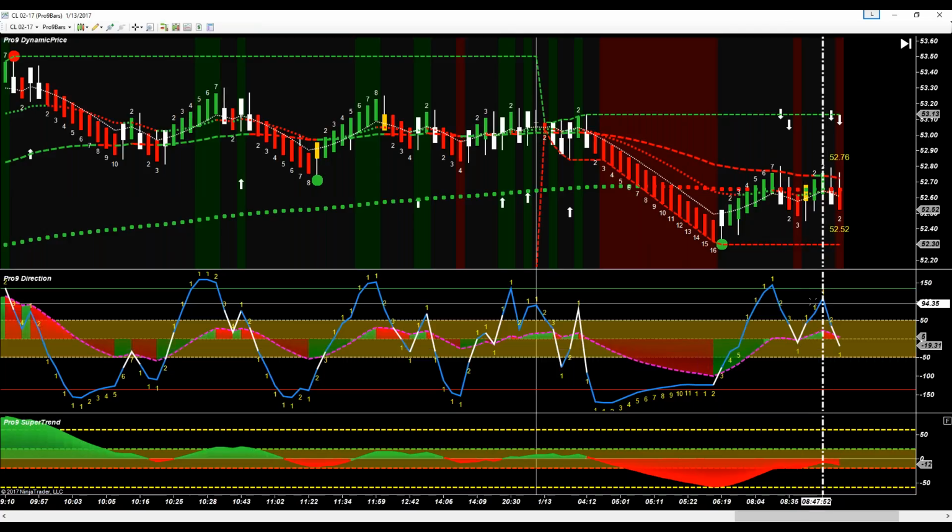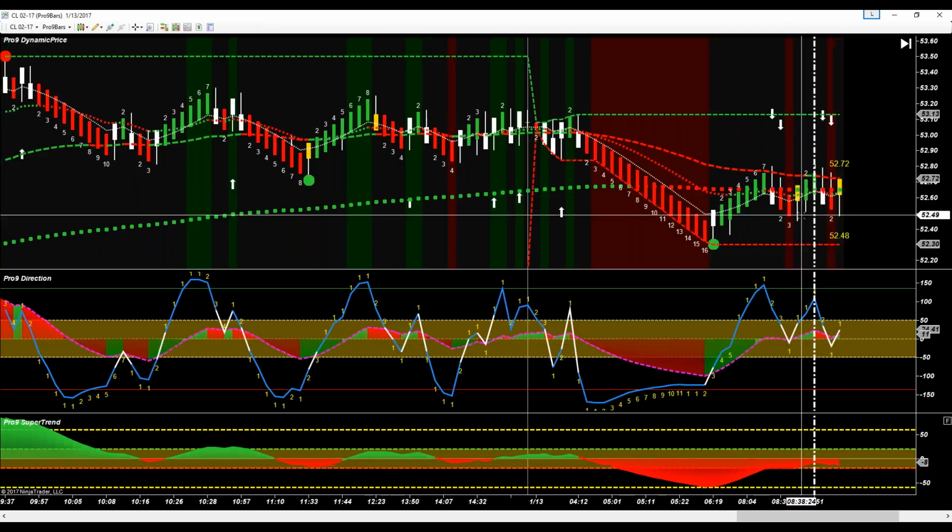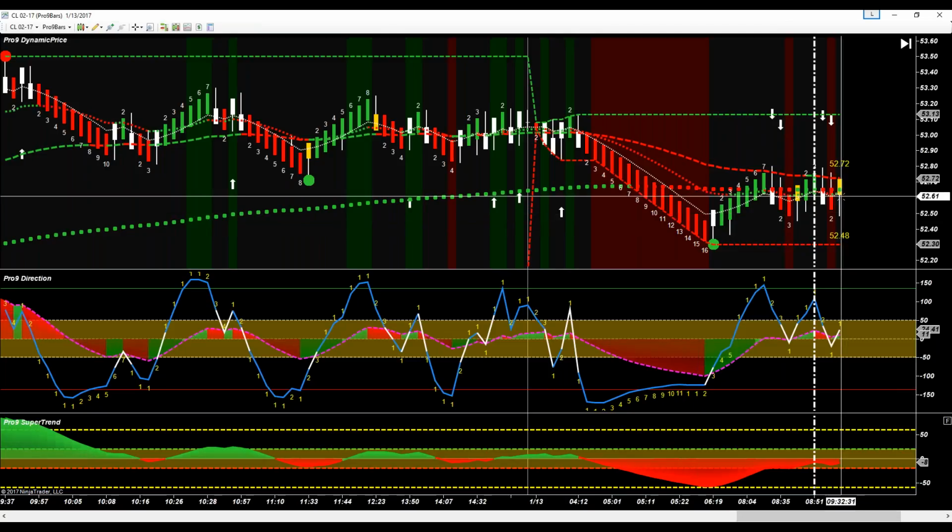And my blue line hasn't been going to extremes. Now, the direction histogram is kind of weak at this point, as well as the super trend. It's okay, but not strong enough to convince me against these other three signs of chop. And now after this fourth turn bar, most definitely we're in a choppy market.